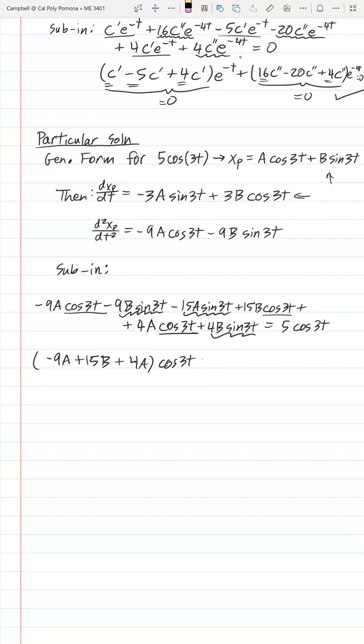And so we get a minus 9b, minus 15a, plus 4b, and all that times sine 3t, and that's equal to 5 cosine 3t.